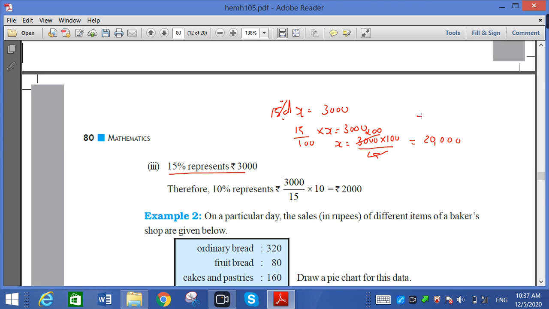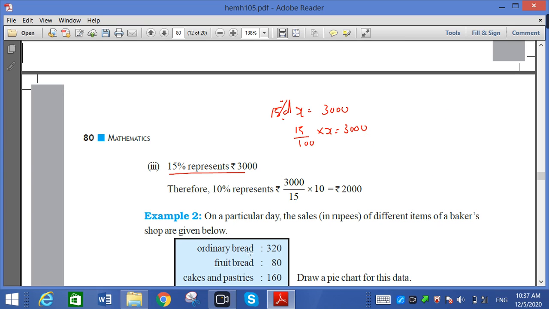So total income is 20,000. Now 10% of it. So 10% of 20,000. So 10 upon 100 into 20,000. So we get 2,000 rupees. So 10% represents 2,000.